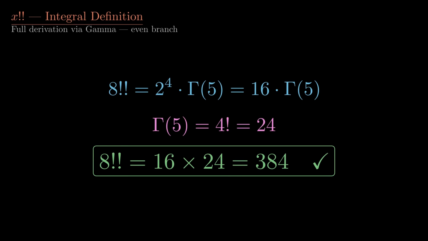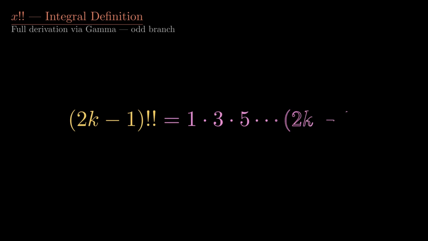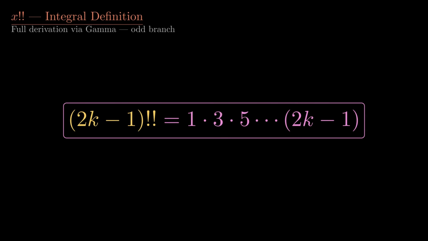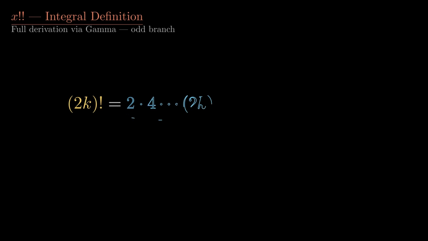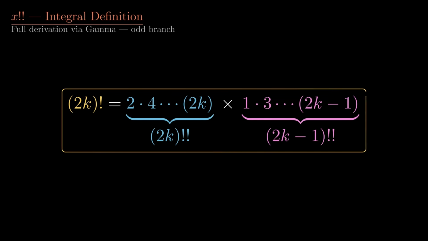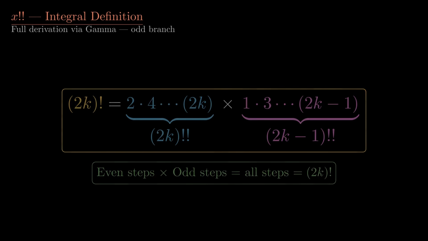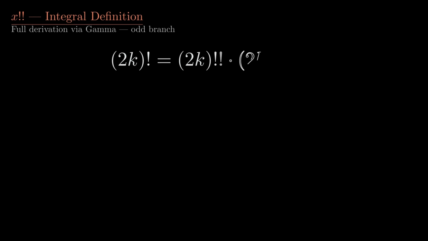The derivation of the odd branch is significantly more elusive because there is no common factor of 2 to pull out of the sequence. Instead, we must look at the fundamental relationship between the standard factorial and its two subsequences. The full factorial of 2k contains every integer from 1 to 2k, which we can think of as the total set of factors.